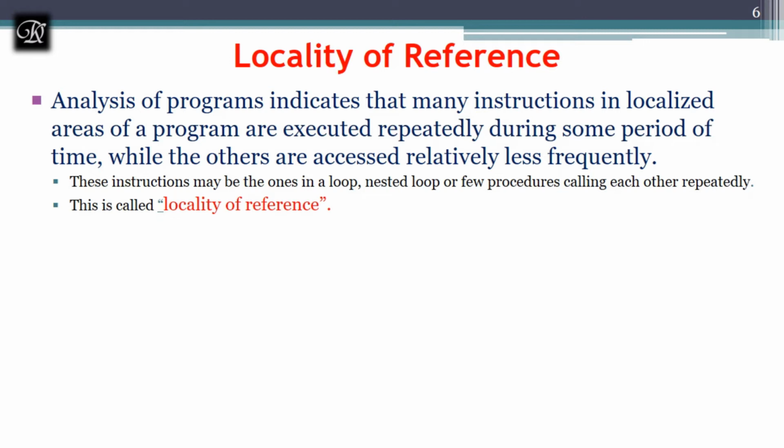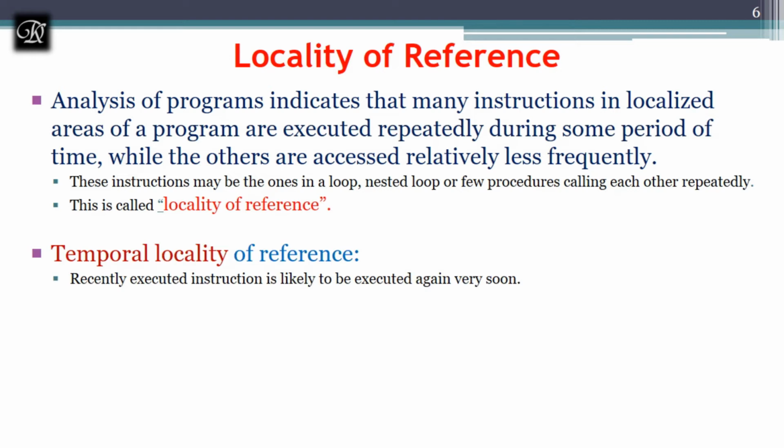It might have 100 components, but those components will not all be loaded to the cache or main memory. Only what is highly required will be loaded. That is the locality of reference. These instructions may be in a loop, a nested loop, or a few procedures calling each other repeatedly. This is called the locality of reference.